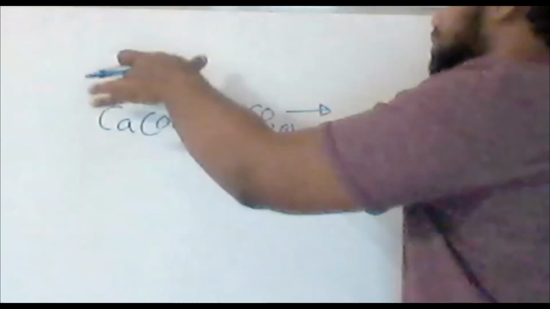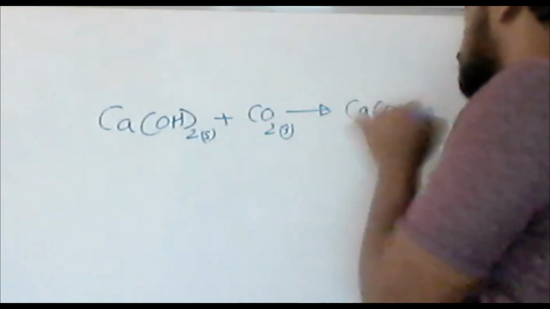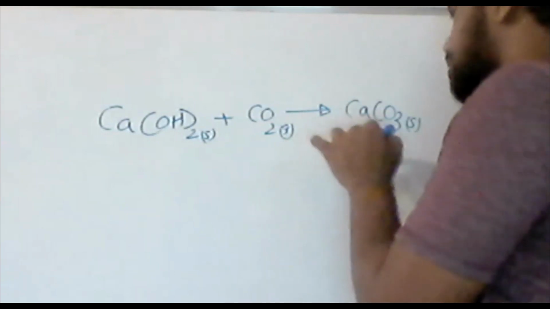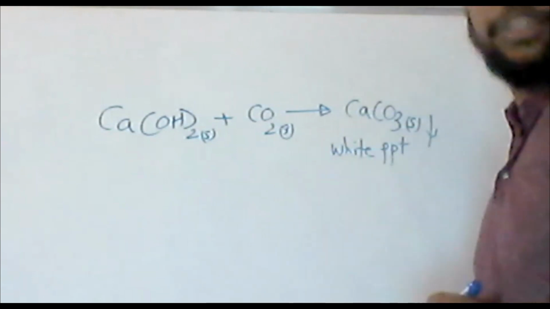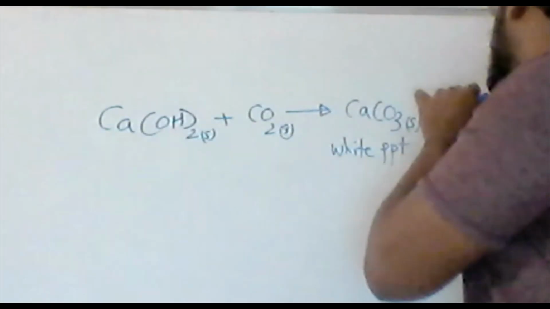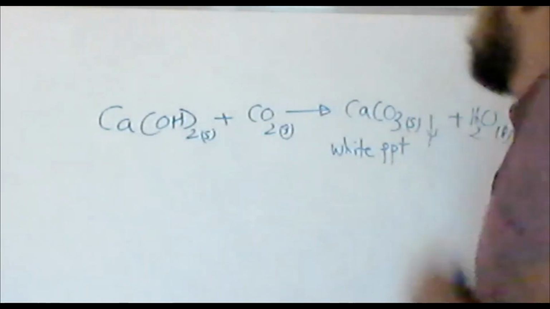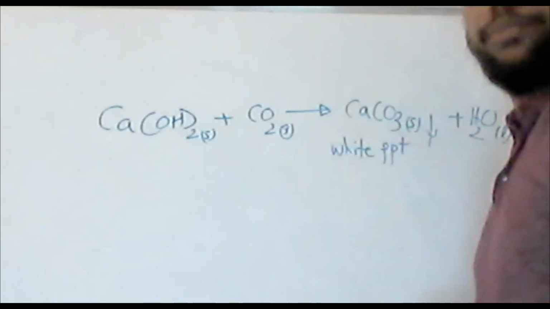Initially this calcium hydroxide and carbon dioxide will give you calcium carbonate solid, which is the white precipitate, plus from the hydroxide it forms water. This is one of the reactions that forms the white precipitate.